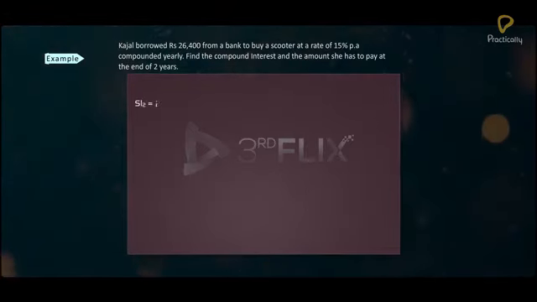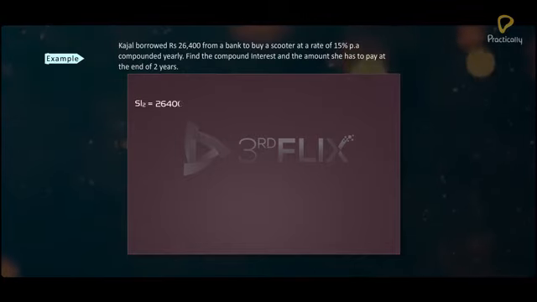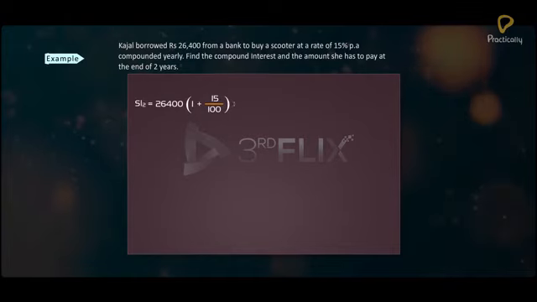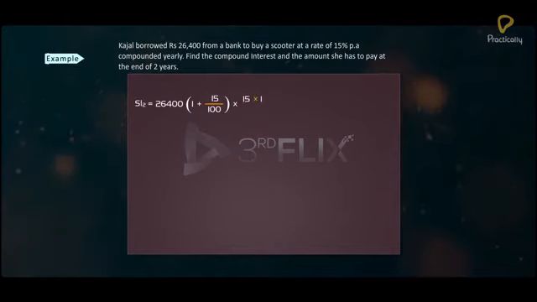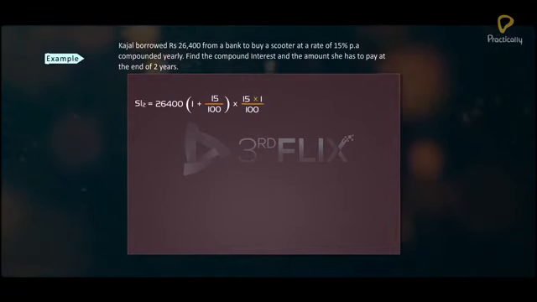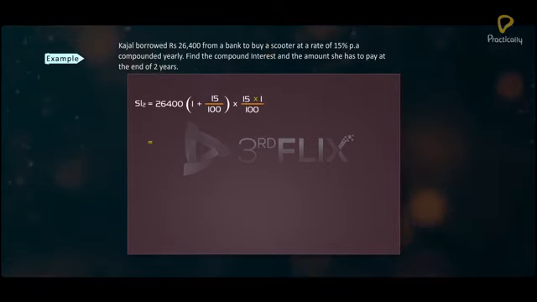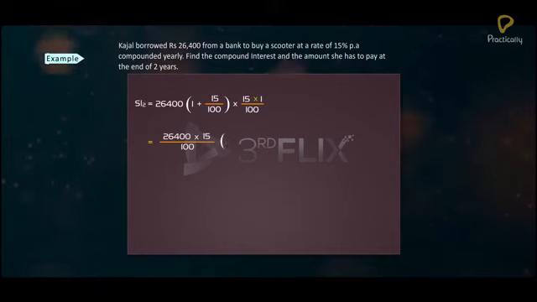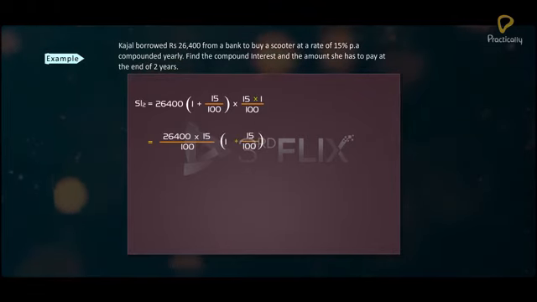SI2 is equal to 26,400 into (1 plus 15 by 100) into 15 into 1 by 100. It is equal to 26,400 into 15 by 100 into (1 plus 15 by 100).